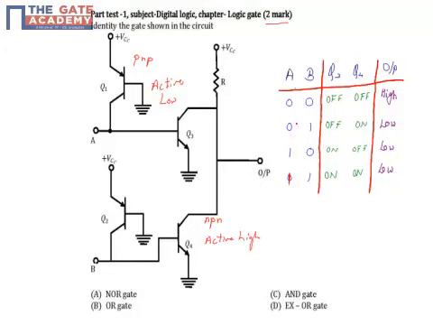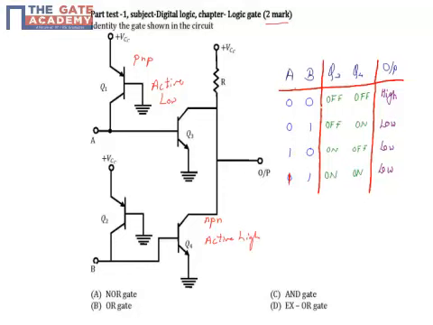If A is 0, Q3 is off, however if B is 1, Q4 will be on. If A is 1, Q3 is on and B is 0, so Q4 is off. And if both A and B are 1, then Q3 and Q4 are both on.